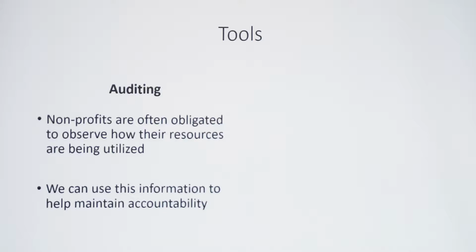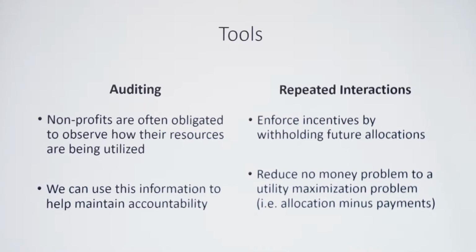The first tool we're going to make use of is auditing. So auditing is not only common, but nonprofits are often obligated to observe where their resources are going and how they're being utilized. So we're going to show how we can use this information to help maintain accountability for wasted goods. The other tool we're going to make use of is the fact that food pantries and food banks repeatedly interact over time.